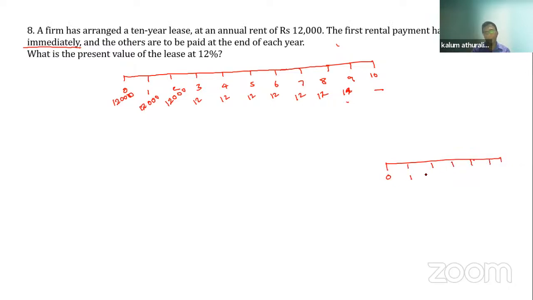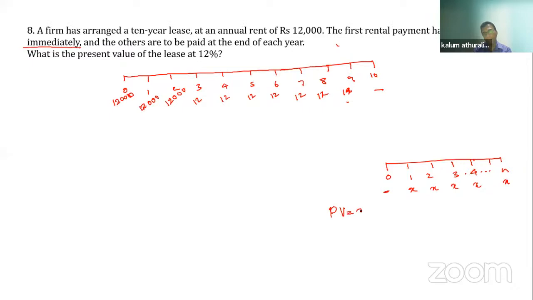Then 0, 1, 2, 3, 4, up to 8, equal payments, all payments made at the end of each time period. So an annuity is a payment at the end of each year. There is no payment at 0. Understood?